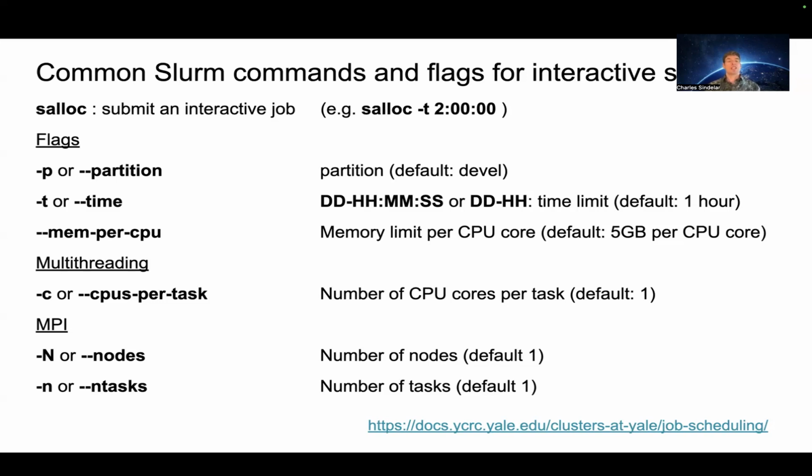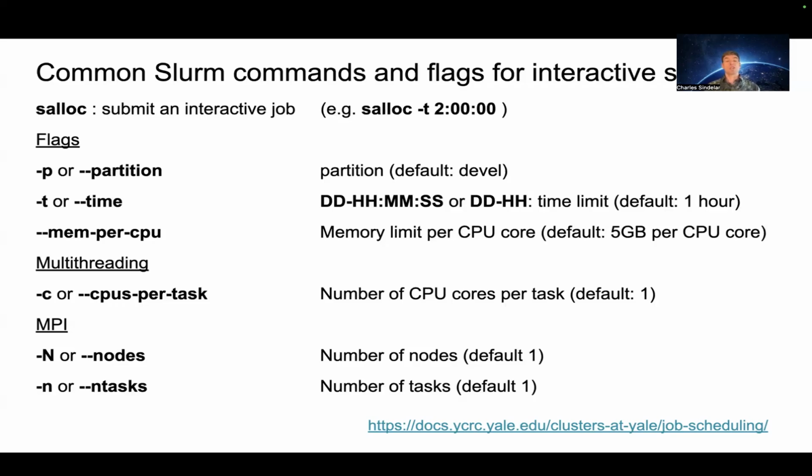There's the time flag or -t, and that controls how long your request will run for. This is something that you would set to a generous amount of time, but trying to be respectful of other users, you would not request it to run for too long. And then an important flag is the memory per CPU, which determines how much memory will be requested for your task.